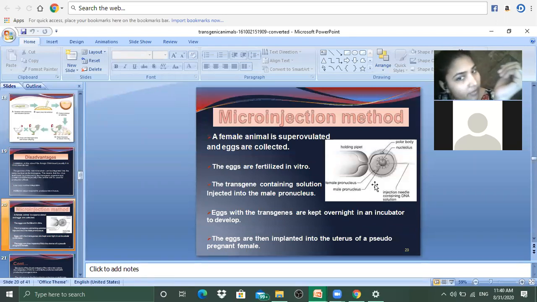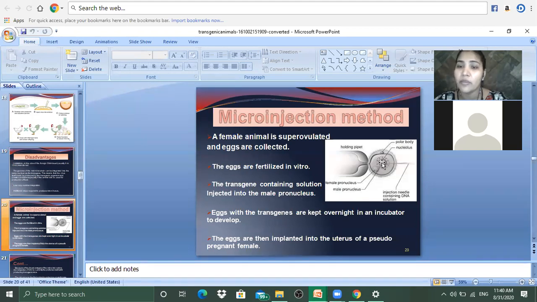Superovulated means that, where normally one egg is produced, you can give hormonal injections and make the animal produce more than one egg, so at a time you can collect many eggs. The eggs are collected and then fertilized in vitro, so the fertilization procedure is done outside the body. The transgene containing solution is injected into a male pronucleus.